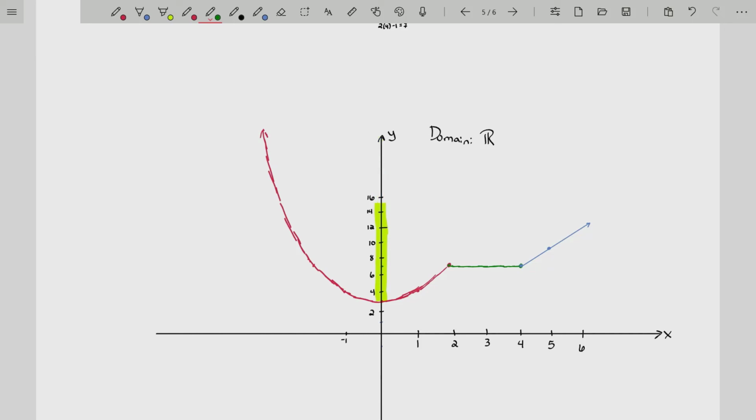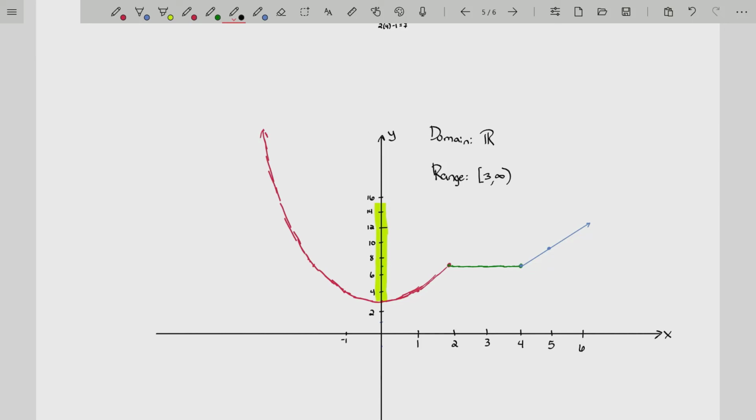So all that being said, just means that the range of our piecewise-defined function here starts at 3, including 3, and climbs all the way up to infinity. Again, it will never reach infinity. Infinity is a concept, not a number.